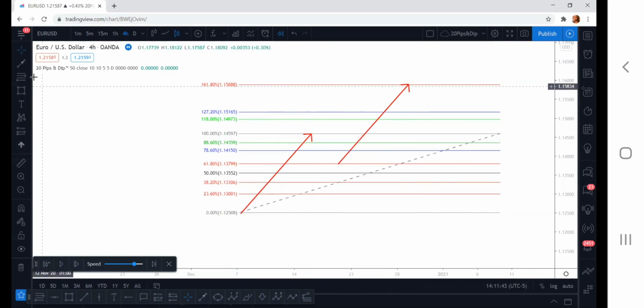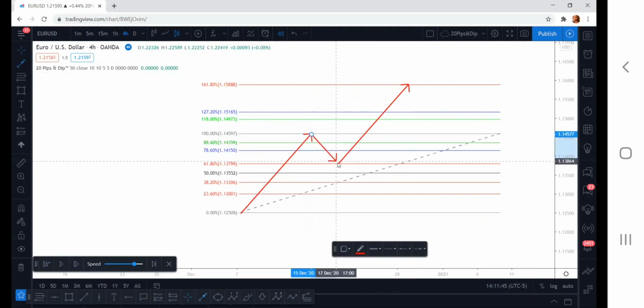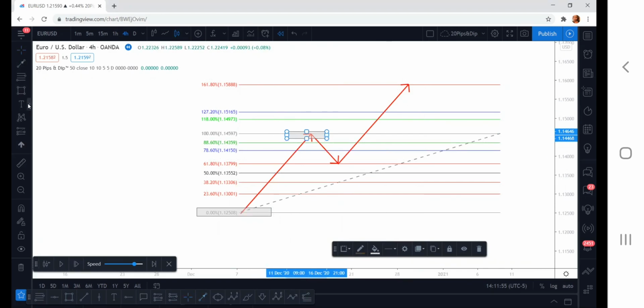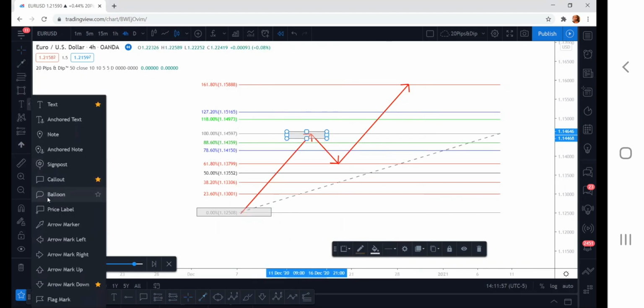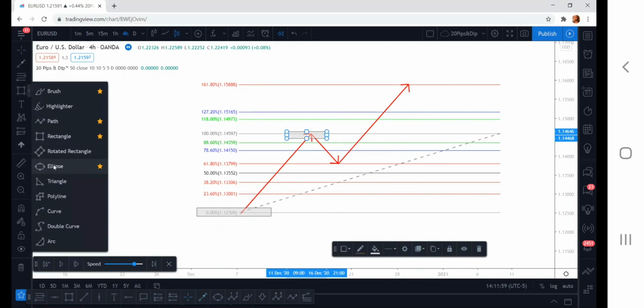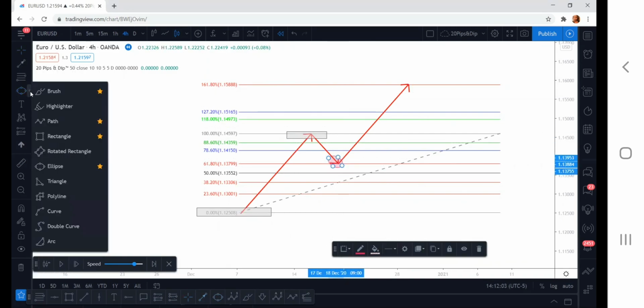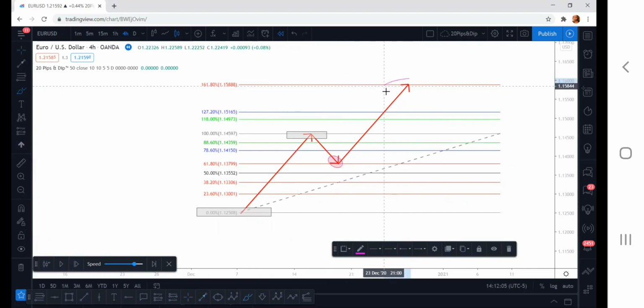So this is what it will look like. This is the low. This is the high of that swing. This is the retracement. And then I'll draw it. This is the TP.